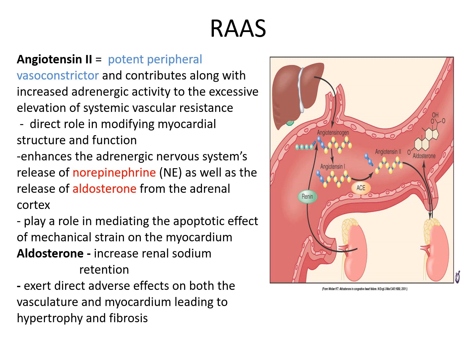Angiotensin 2 is a potent peripheral vasoconstrictor. It contributes with the increased adrenergic activity to the excess in systemic vascular resistance. And we all know that when there is an increase in systemic vascular resistance, this acts as an afterload.